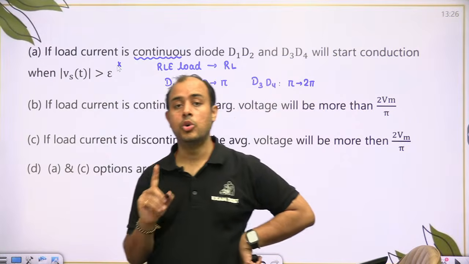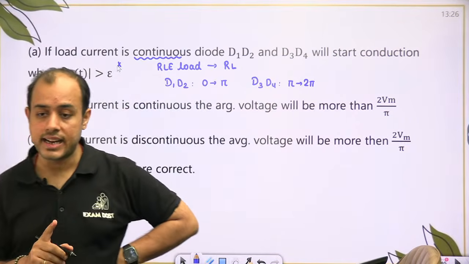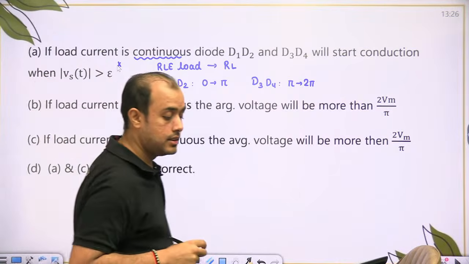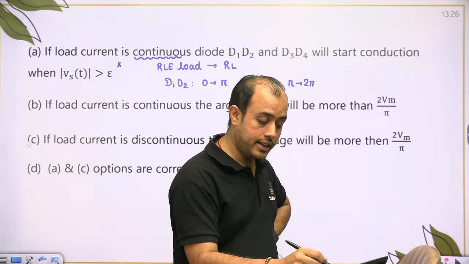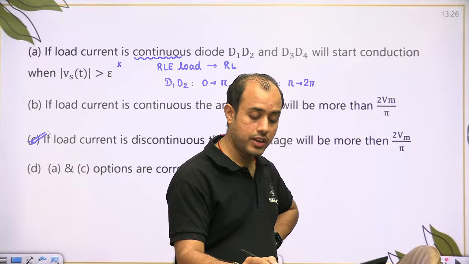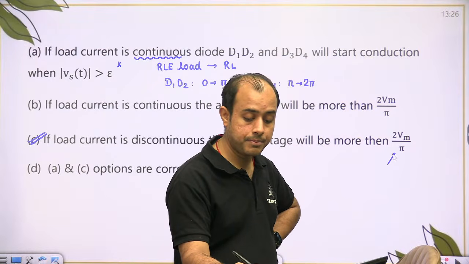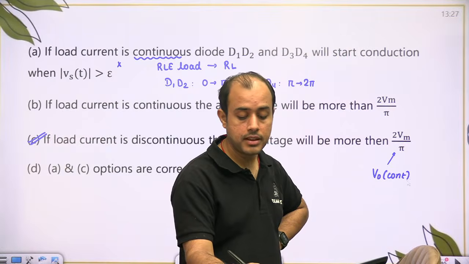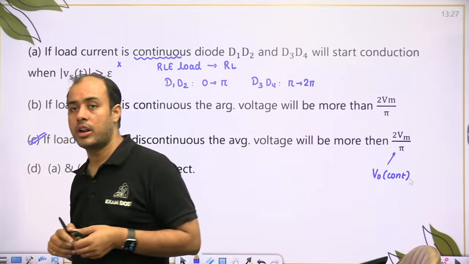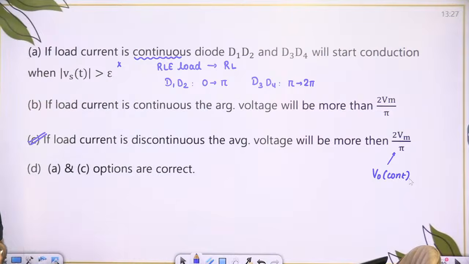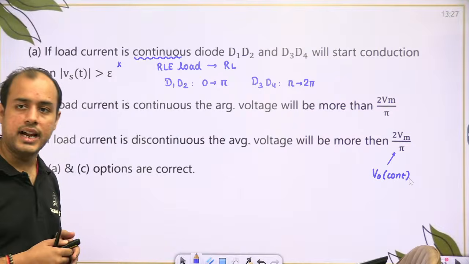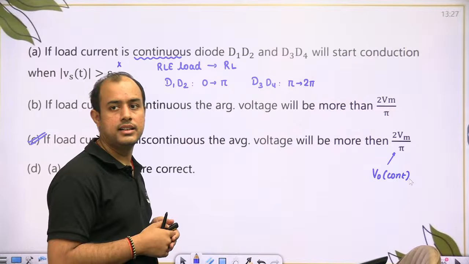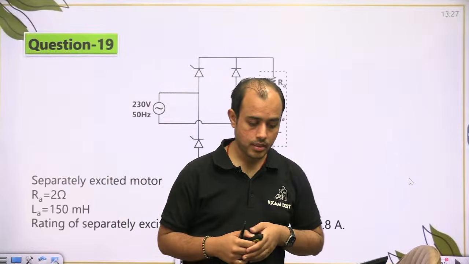There is no role of E in deciding the conduction. If load current is discontinuous, average will be more than 2 Vm by pi. So 2 Vm by pi is for continuous. I told you beta, in discontinuous the average is more than continuous. The average of discontinuous always comes more than continuous, so that is why C is correct. C is correct.